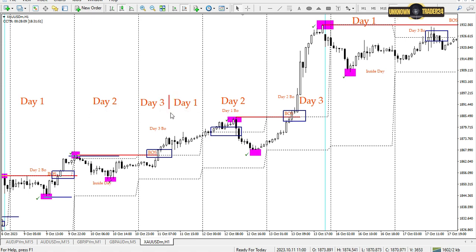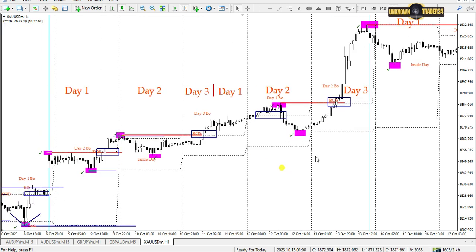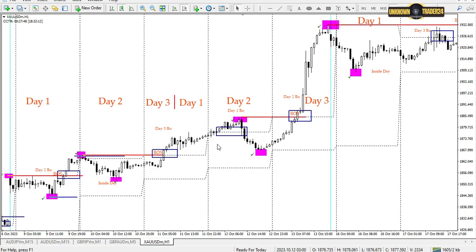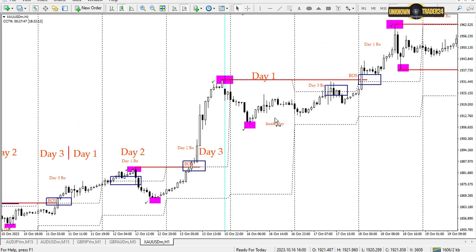However, Wednesday becomes day 1, and Thursday becomes day 2, and Friday becomes day 3. So on Wednesday and on Friday, you will more likely see very good opportunities, either as a continuation or as a reversal.